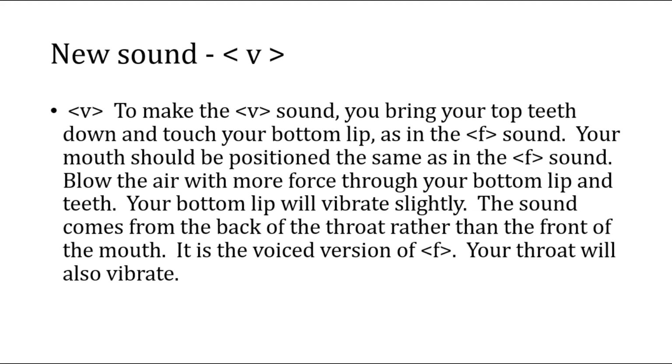Your mouth should be positioned the same as in the f sound. Blow the air with more force through your bottom lip and teeth. Your bottom lip will vibrate slightly. The sound comes from the back of the throat rather than the front of the mouth. It is the voiced version of f. Your throat will also vibrate.